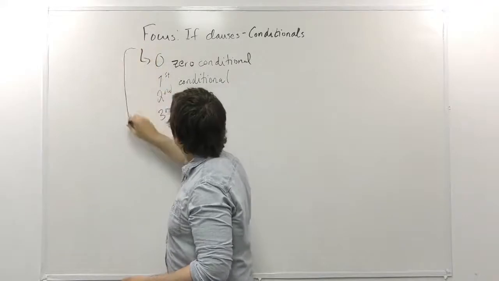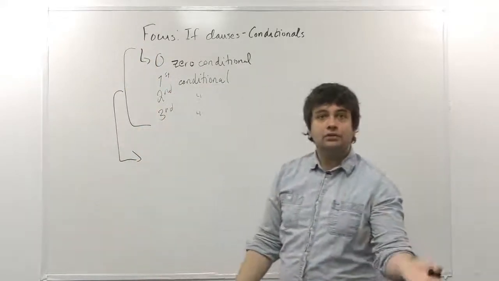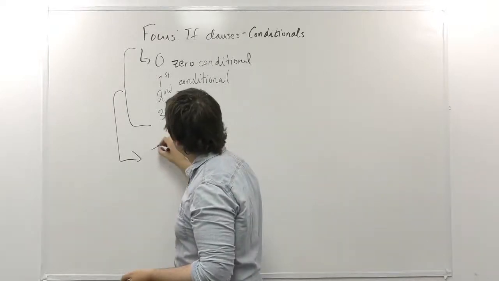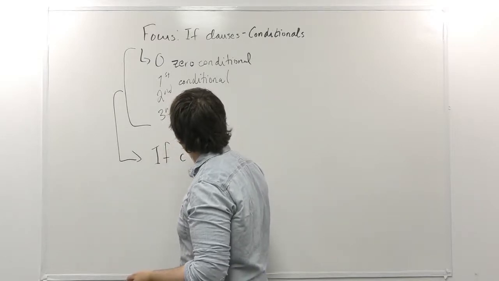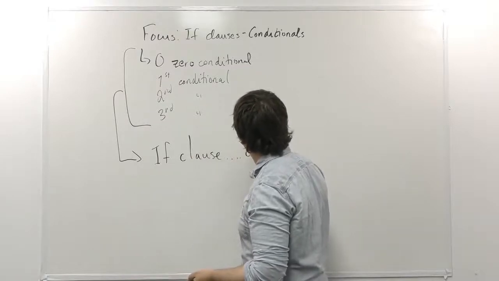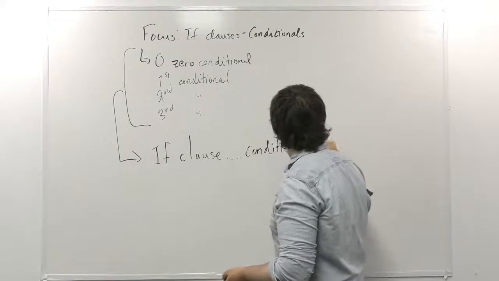With all of these conditionals, with the structure, now of course the structure is already pointed out on the information sheet, but generally you're just going to have something we call the if clause, and then the conditional clause.